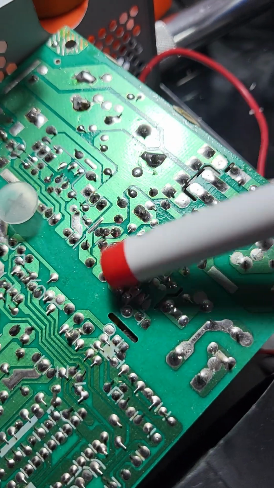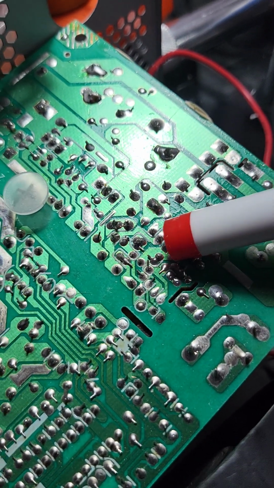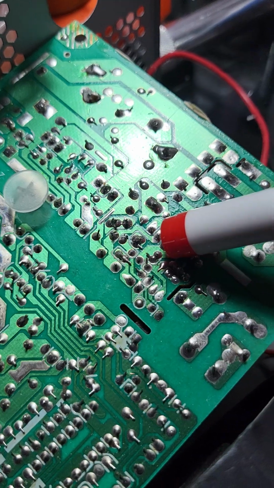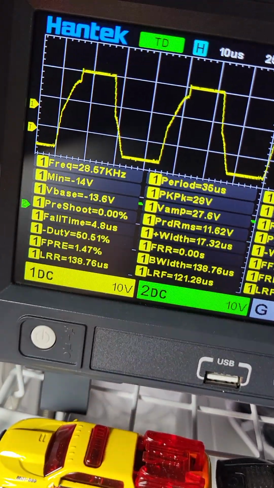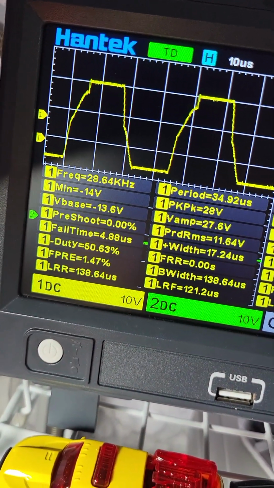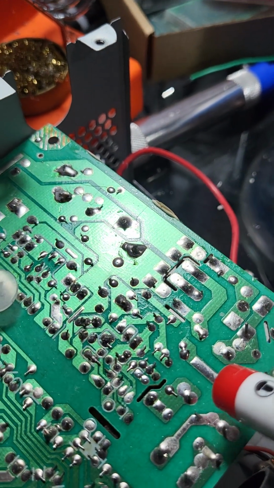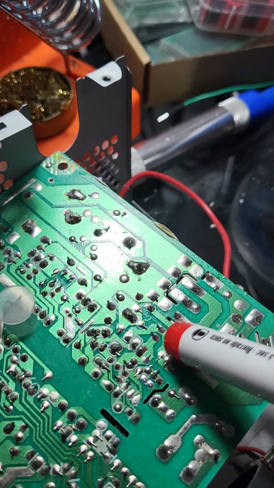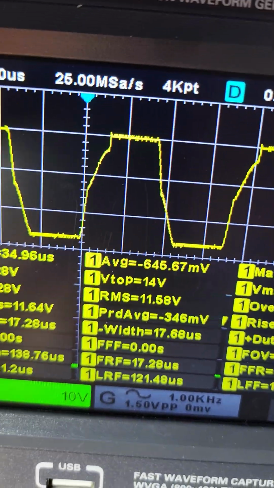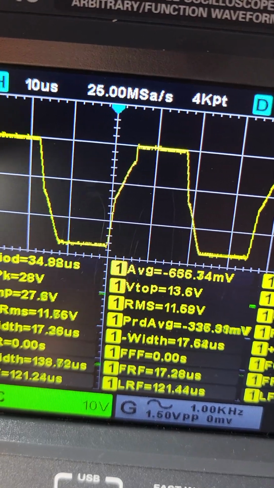We can see only the soldered components here. But there is an oscillator that produces this kind of frequency, 28 point something kilohertz. That's why it is called switching. So it's a square wave, that's why the wave looks like a square wave.